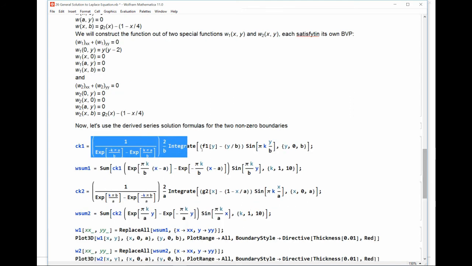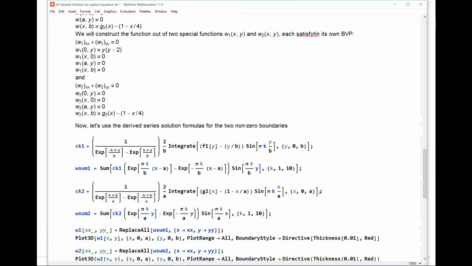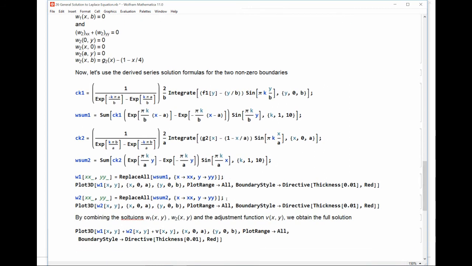So here I implemented my formulas. I compute the coefficients. I add up the functions. For the second boundary value problem, I also compute the coefficients, add up the sums, and define two functions, w1 and w2, which satisfy just single boundary conditions.